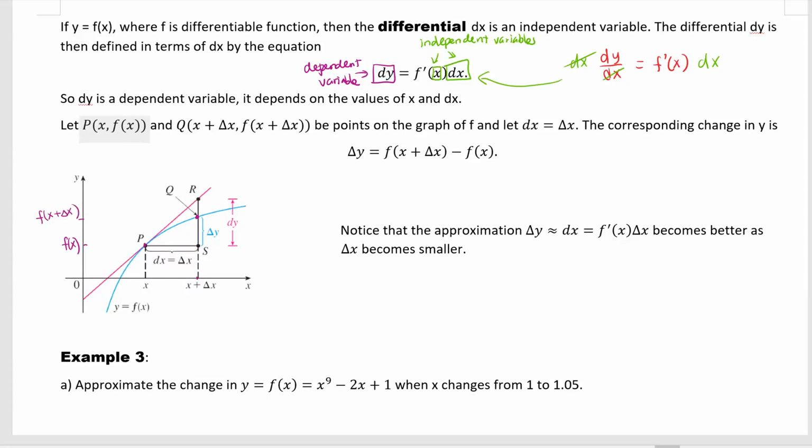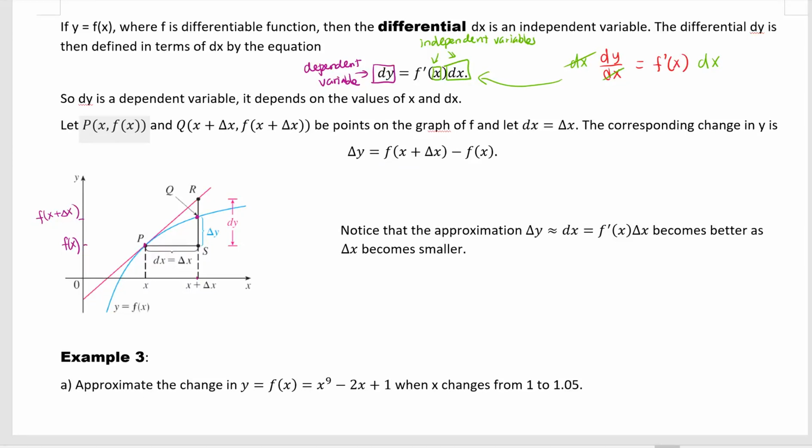That's the point q. So p and q are both on f, okay? And we let dx be change of x. Then what is the corresponding change in y? Well, the change in y is the change of the y coordinates, right? Which is f of x plus change of x minus f of x.